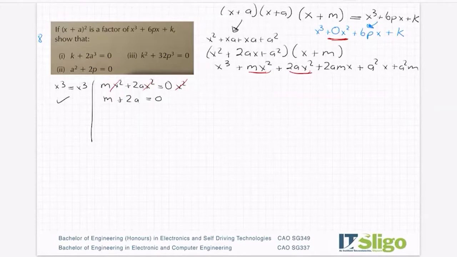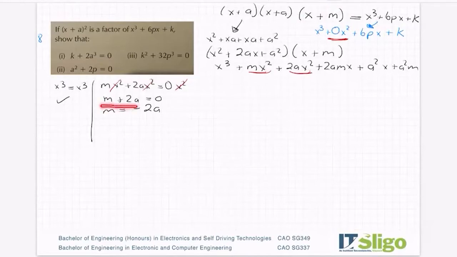I'm going to write m as equal to minus 2a. Why did I do this? Because I'm always conscious that m is the letter that I invented for my third factor. I introduced m into this whole thing, so m is normally the letter that I will substitute for at every available opportunity.